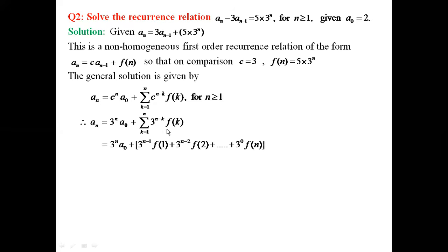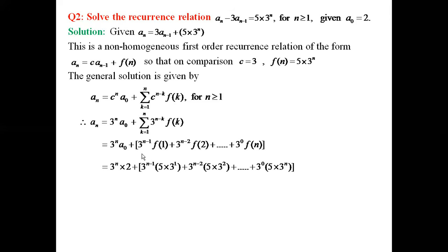Now expanding the summation, where k takes the value from 1 to n, we get 3 power n minus 1 into f of 1 plus 3 power n minus 2 into f of 2, etc. up to when k equal to n, the upper bound, we get 3 power 0 into f of n.